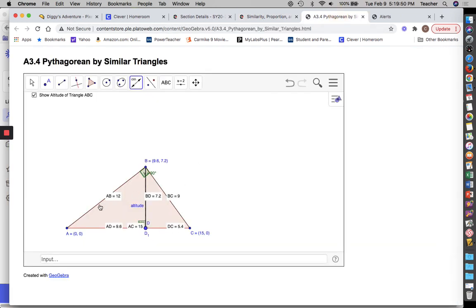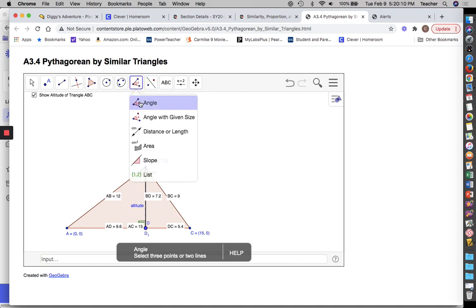All right. So I would say angle A is probably the same thing as this little angle right there, this little B right here. Let me see it. I'm going to click on the angle icon and select angle.